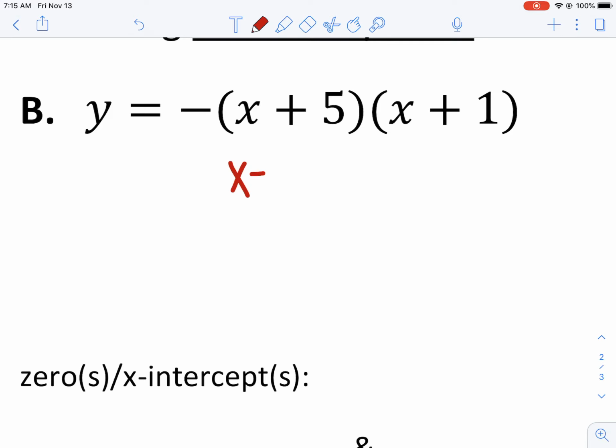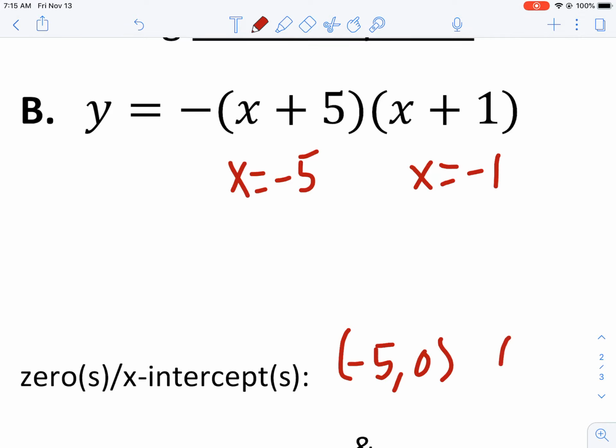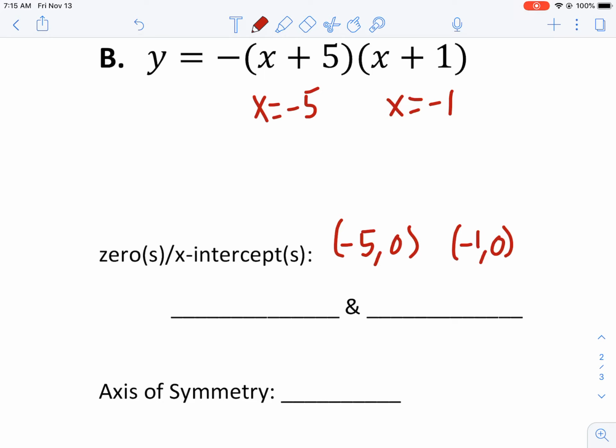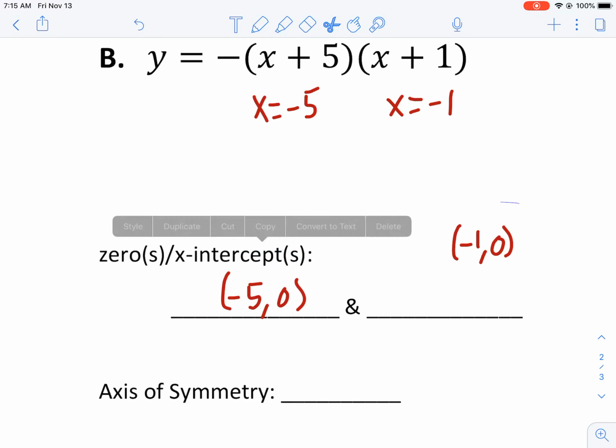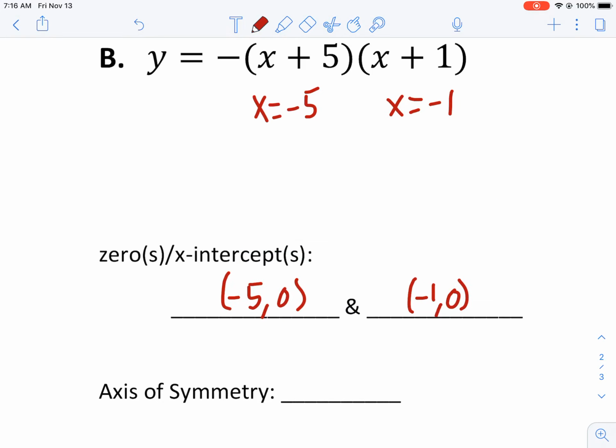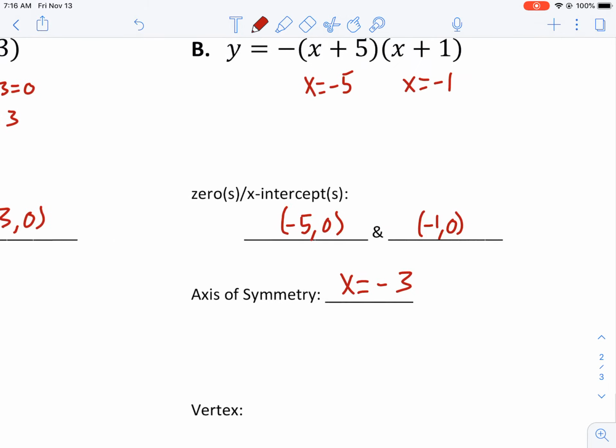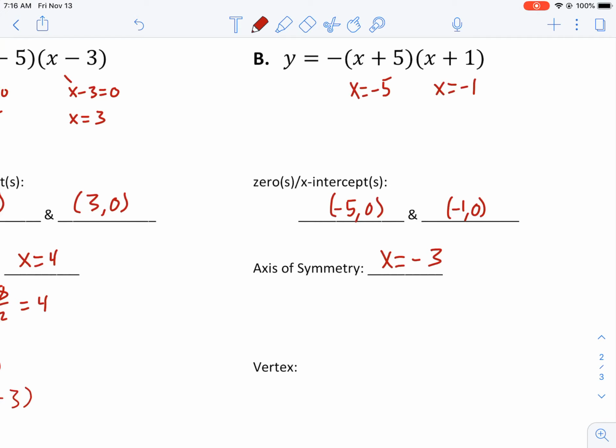For the x-intercepts, you should have got -5 and -1. For the axis of symmetry, you should have got x equals -3. If we plug that back in, I don't want to do this in my head and mess up.